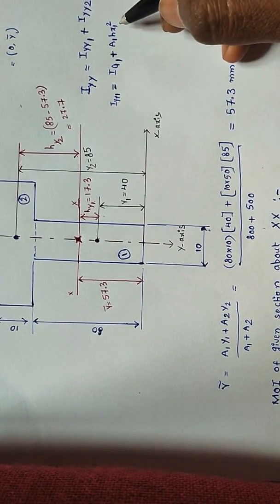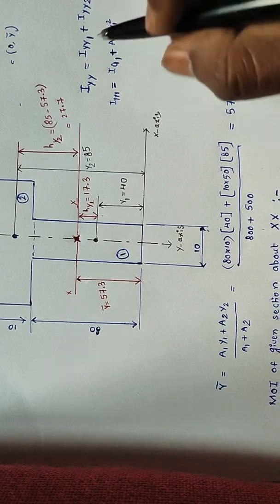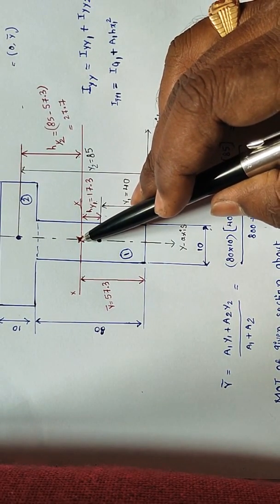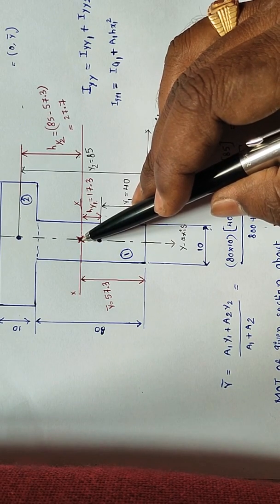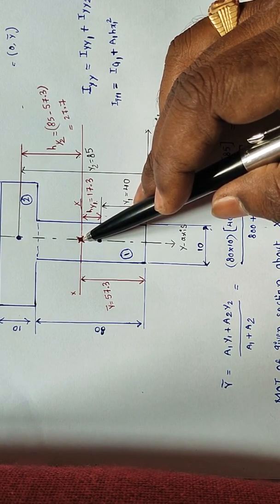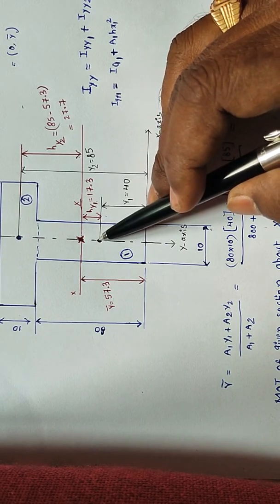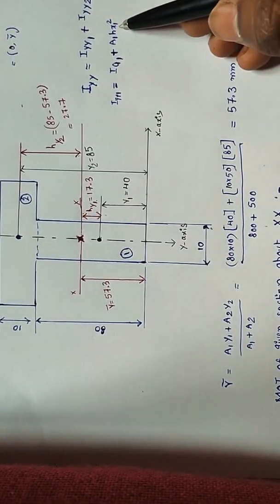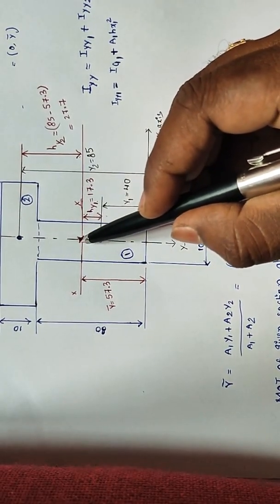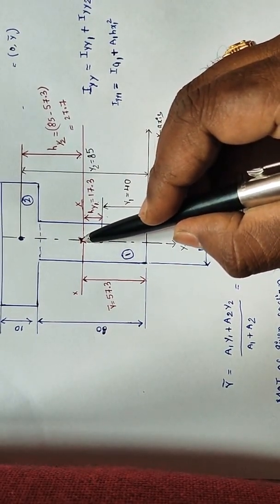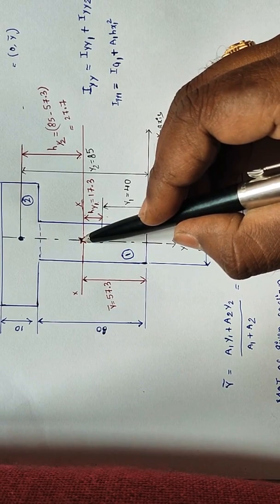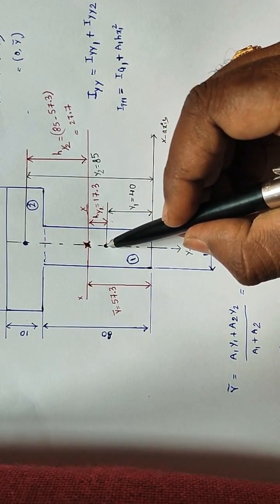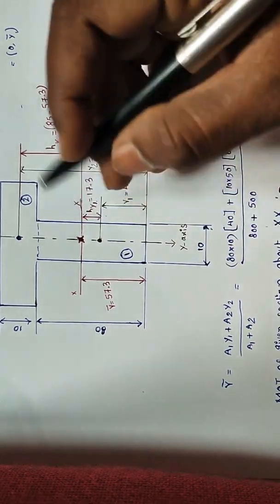So here hx1 means the distance between centroid of T section to centroid of first element along x-axis. So centroid lies on y-axis, centroid of first element also lies on y-axis.